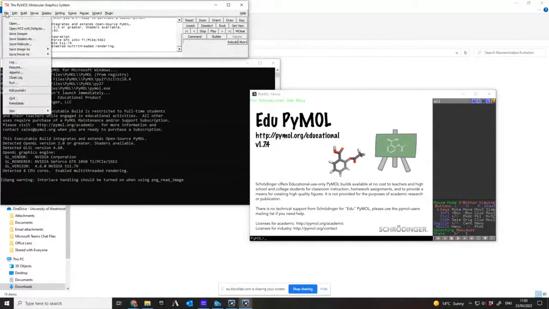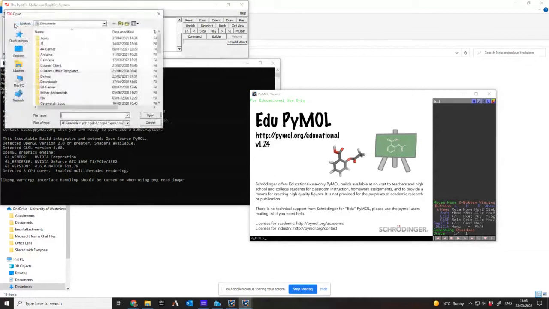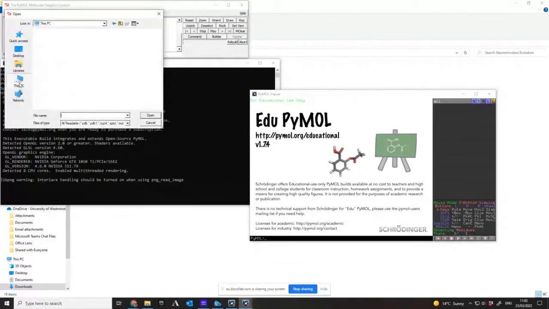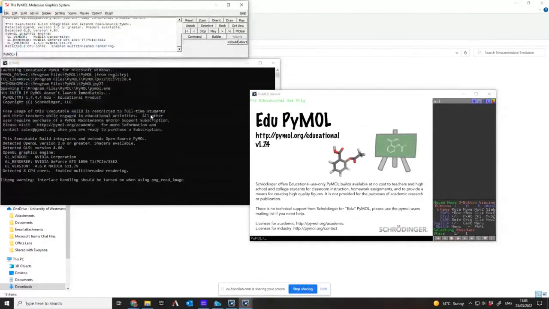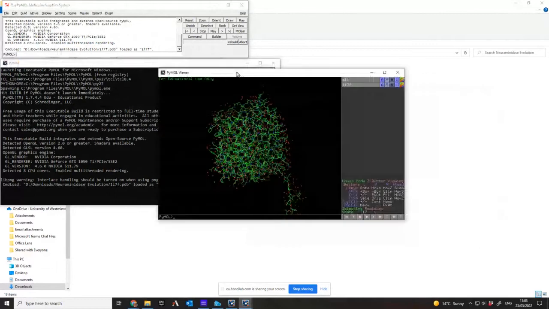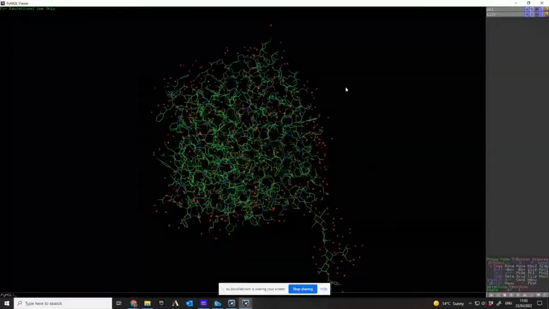So I'm going to open one of those PDB files. I'm going to open the one that is easiest to look at, which is going to be the 1L7F. So if I open it, that's what a protein structure looks like.